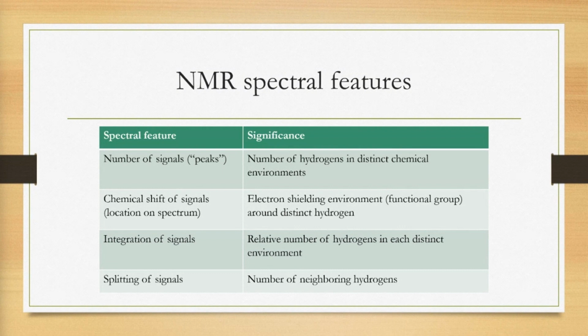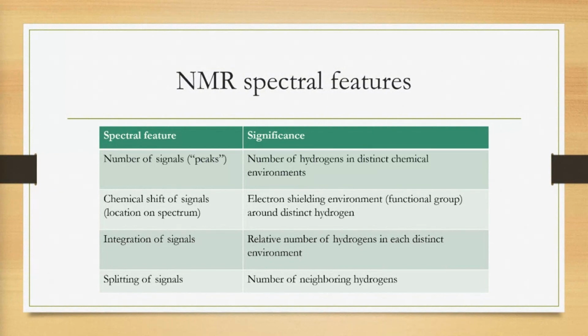So if you have a hydrogen and you're taking proton NMR, the number of hydrogens on an adjacent atom can impact the actual peak that shows up on the spectrum, and that splits the peak. So we're going to go through each of these spectral features with a couple of examples to really analyze and determine what all of this means.